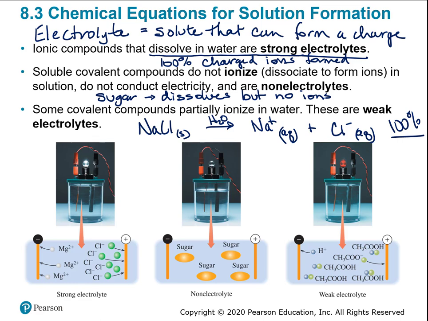Four of the CH3COOH are still together, and only one actually split and formed an H plus and a CH3COO minus. Only one of them formed ions. So there are some salts that do not split into ions very much, just a little bit. Those are what they call weak electrolytes. A weak electrolyte only forms a few ions.